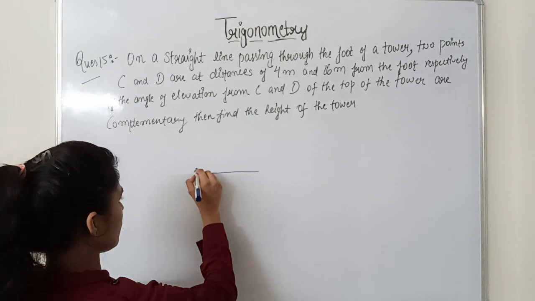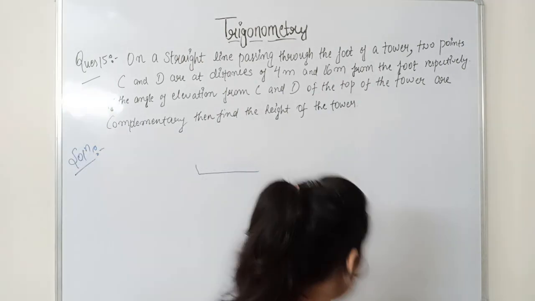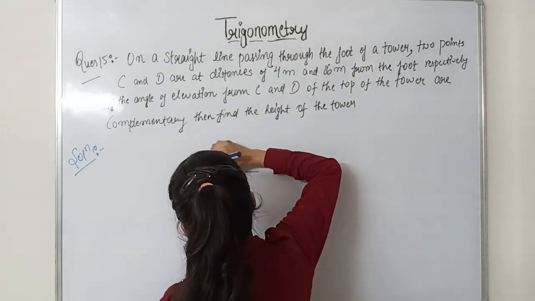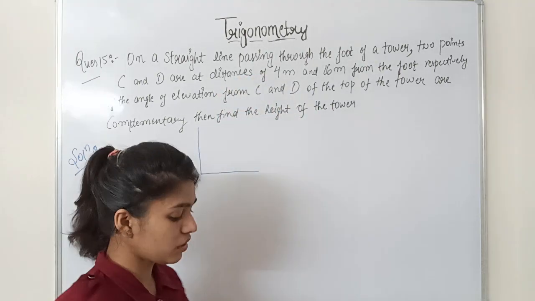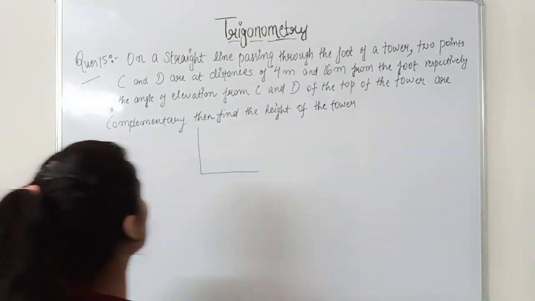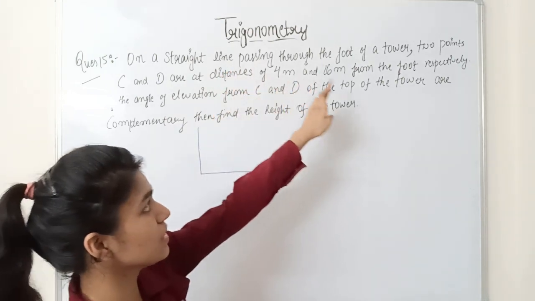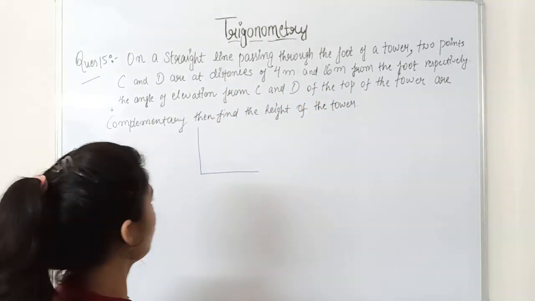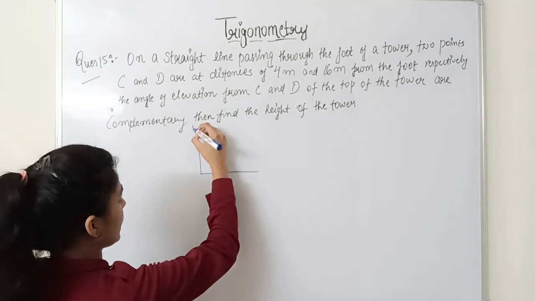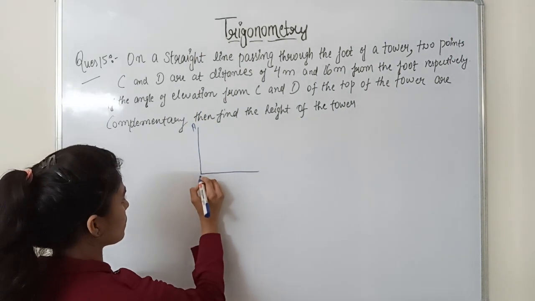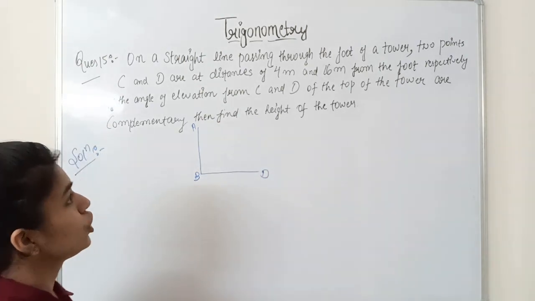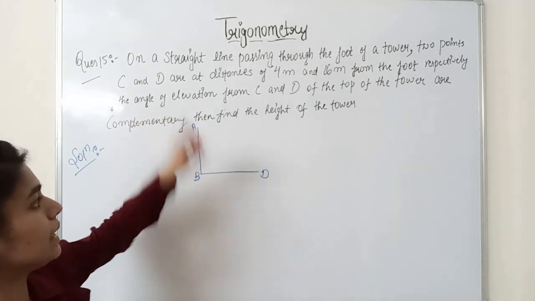This is a tower. This is a tower A. This is a point B. This is a point D. 2 points C and D.